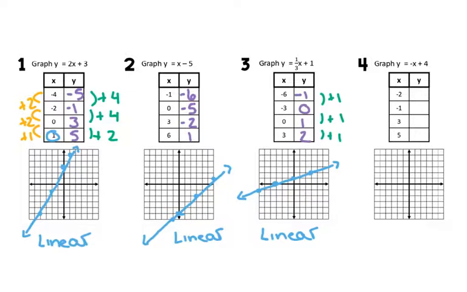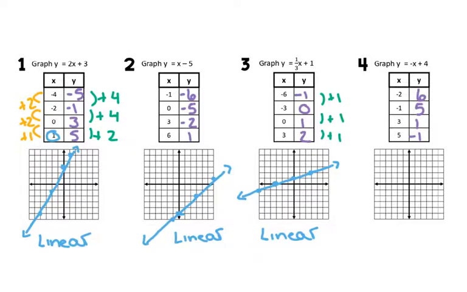So -1 times -2 is a +2 plus 4 is 6. -1 times -1 is a +1 plus 4 is 5. -1 times 3 is -3 plus 4 is 1. -1 times 5 is -5. Plus 4 is -1. So it doesn't appear to be a linear function from the table, but let's graph it.